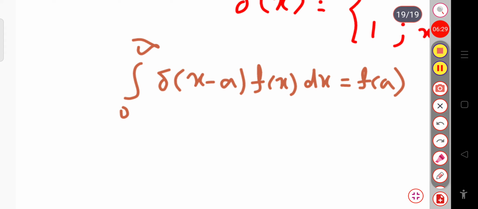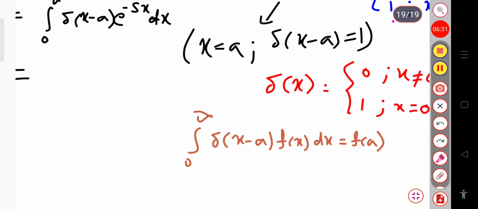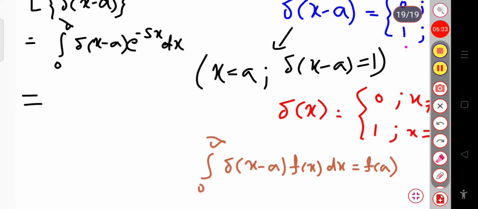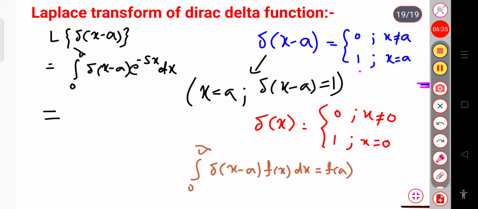Now if I compare this equation, you can see that in place of f of x, our function is exponential minus sx. From this expression, you can see that this function of x is nothing but exponential minus sx.